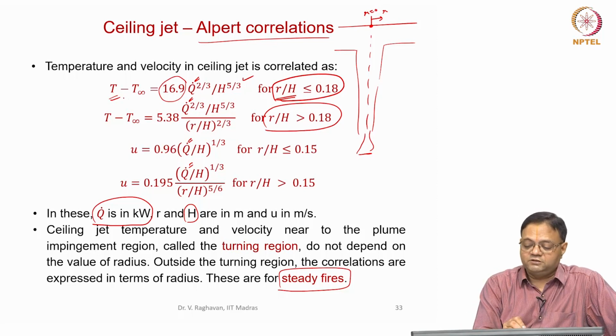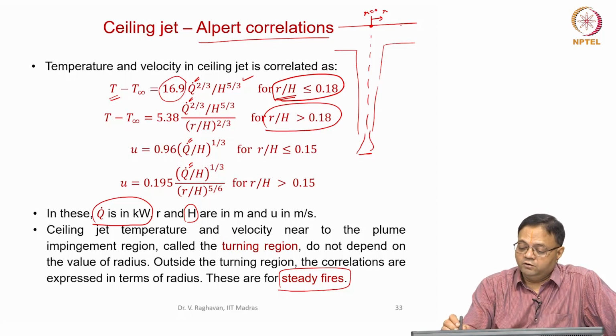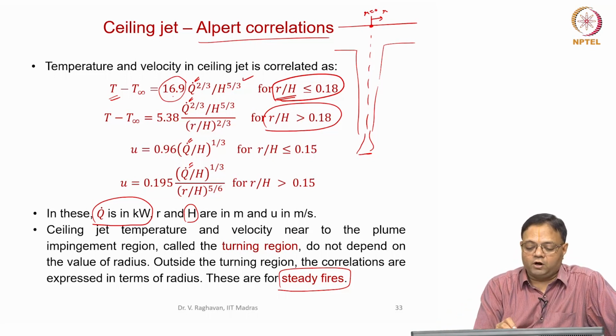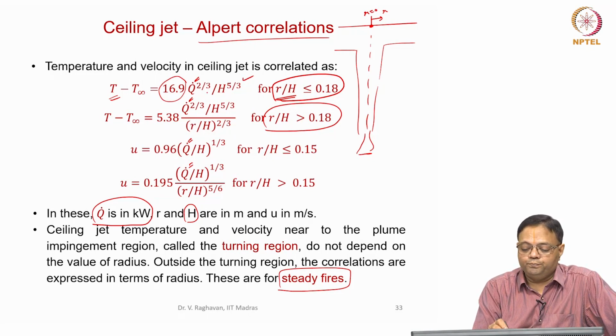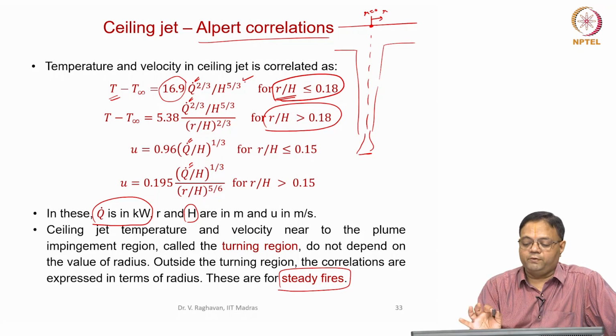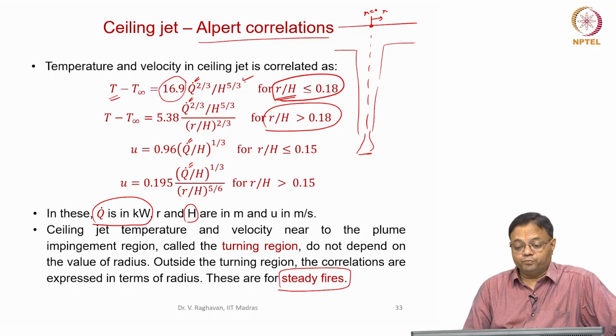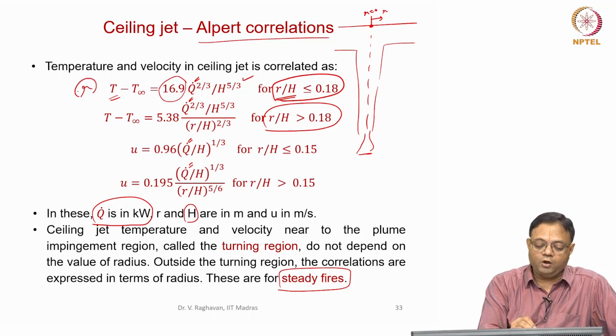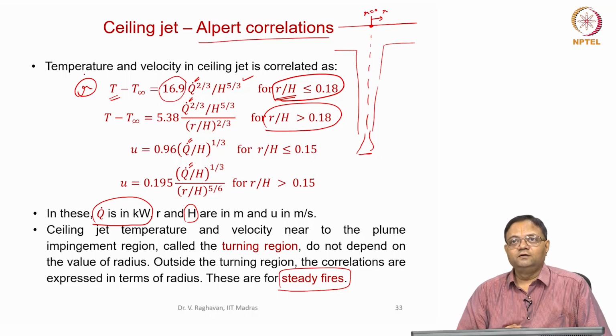That means in the first regime, the radius close to the impinging point of the plume, I get a correlation of 16.9 Q dot power 2 by 3 divided by H power 5 by 3. That means there is no dependency on radius. R does not influence this.